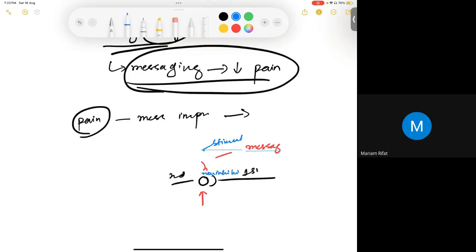Those neuroinhibitory substances are going to inhibit the neurotransmitter coming from the first order to the second order neuron. So if I'm inhibiting the neurotransmitter, can we perceive pain? No, we can't perceive pain. So this was basically your gating theory. Is it clear now?